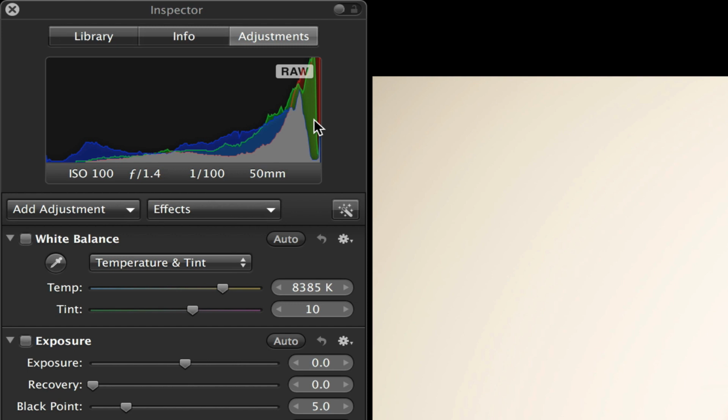Let me go ahead and give you a quick tip as far as I can tell about histograms. There are no right or wrong histograms. There's only a general consensus of either good or bad, okay? And it really all depends on the type of camera you have.